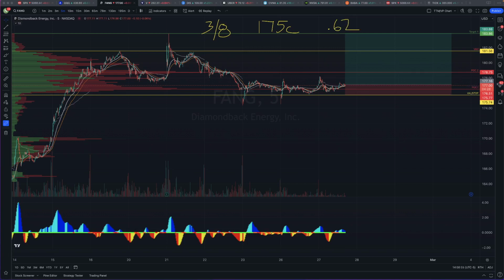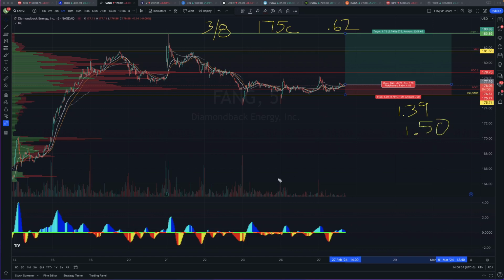So if I am over here risking, what is my risk? $1.39, right? My risk is $1.39 down to this level. So like if it pierces through, we could basically just say our risk is about $1.50 because it's going to push through.